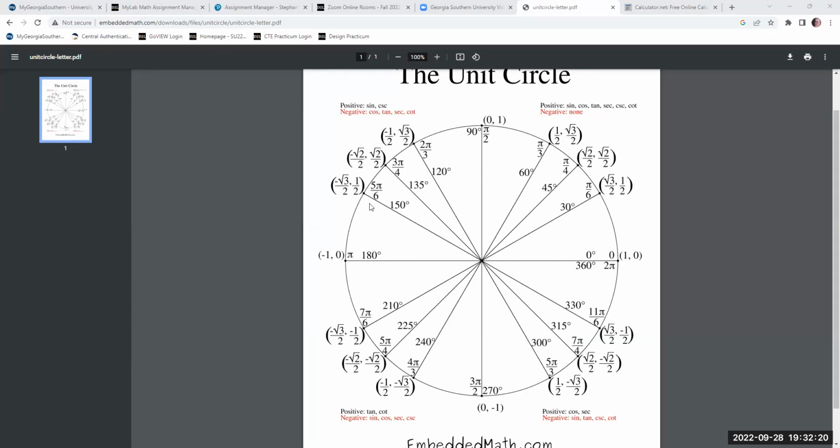And in order to get the angle rotation to the x-axis, you have to go 2 pi over 7. If you're at 5 pi over 7, you're going to rotate 2 pi over 7 to get to the x-axis. So over here, you're going to rotate negative 2 pi over 7 to get to the angle that we want. So that is the correct angle.